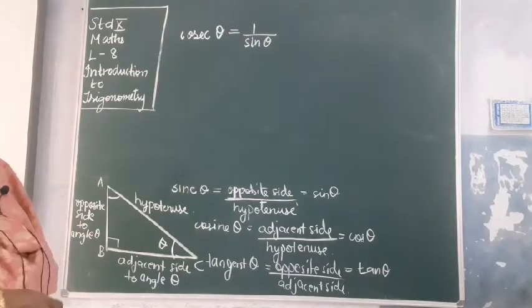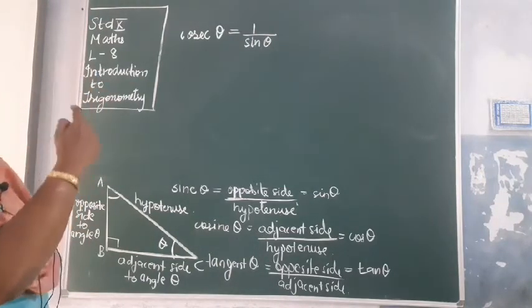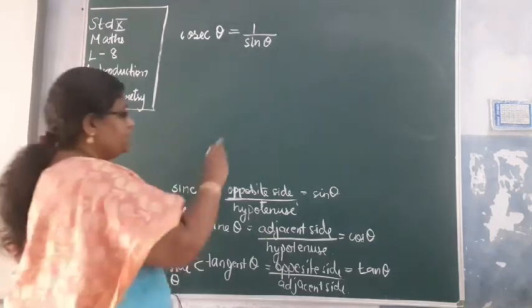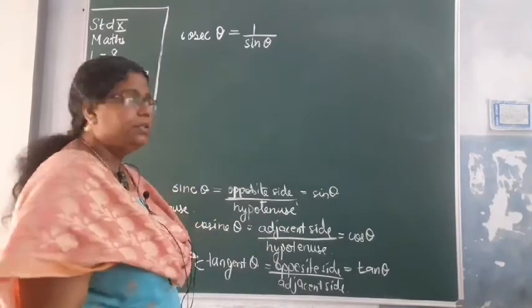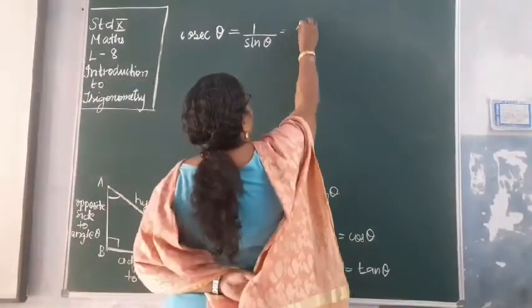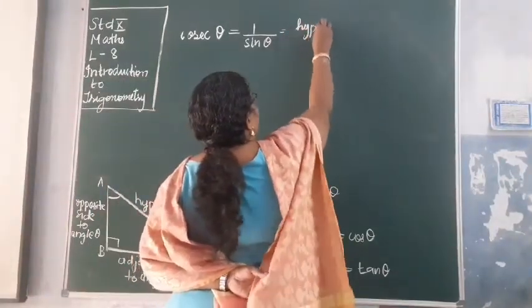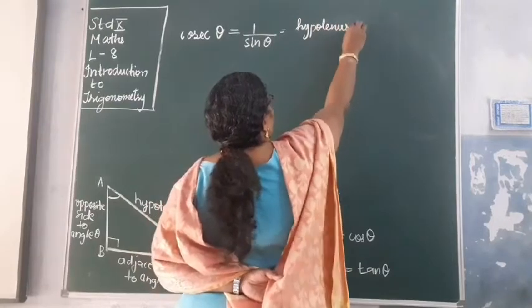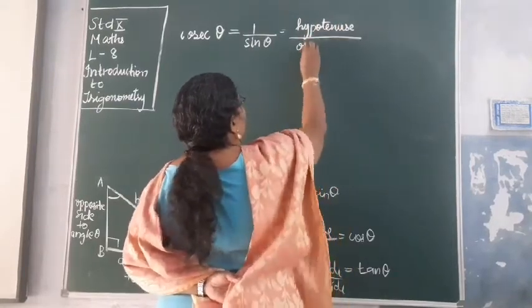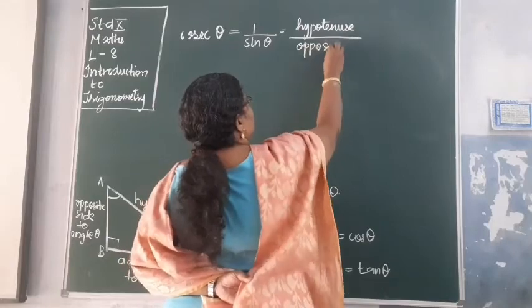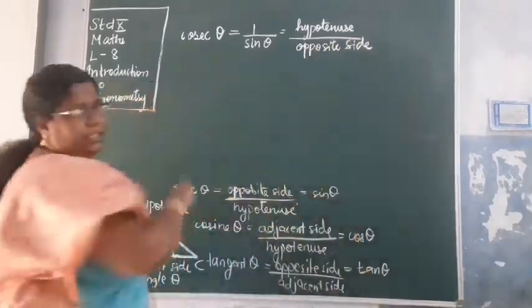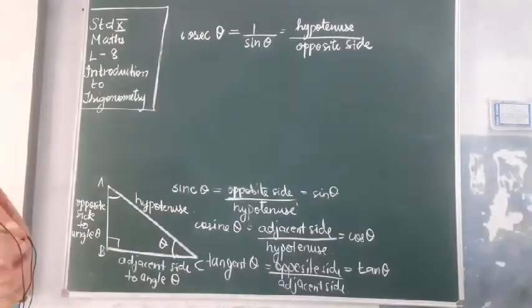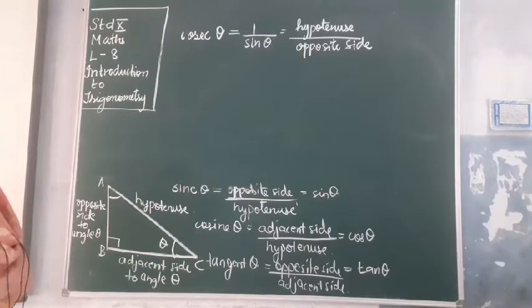Cosec theta will be equal to 1 upon sin theta. Now what is sin theta? Sin theta is opposite side upon hypotenuse. So here it will become hypotenuse upon opposite side. Opposite side to angle theta. Okay, whenever I write opposite side, it means opposite side to angle theta. So this is your cosec theta.